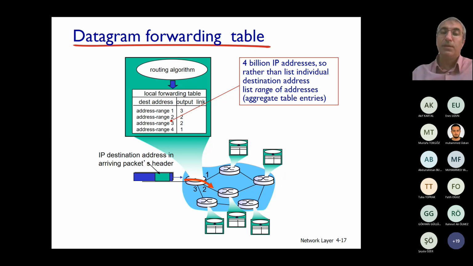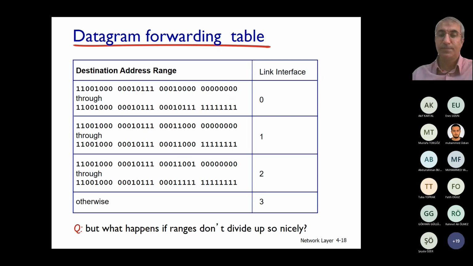Instead of listing all these 4 billion, which is not practical, we provide IP address ranges. If the IP address in the header is within this range, forward these datagrams to this specific output. If it's within the second address range, direct these datagrams to this output link, and so on. This is how the forwarding table works in datagram networks.